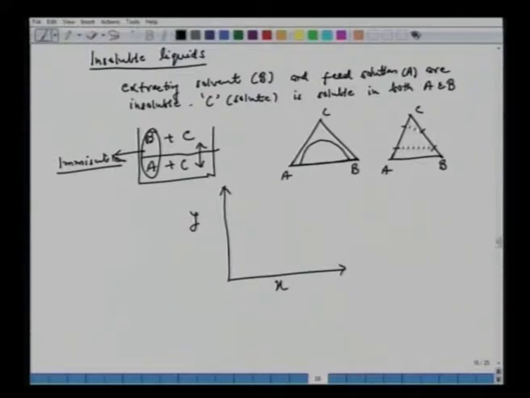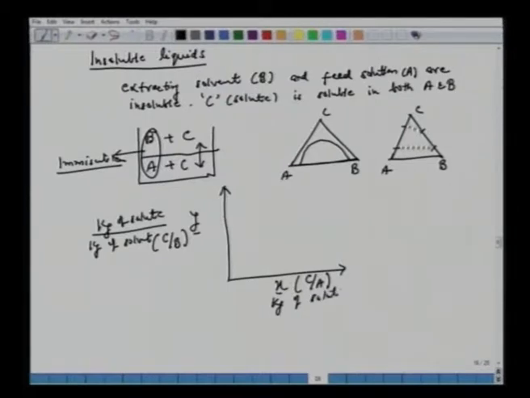So we are saying that x is C over A, C is dissolved in A, and here we have y, C over B. So the notation follows a similar convention. We are plotting kg of solute per kg of solvent, and here also we have kg of solute per kg of A, right? So we have this y versus x. This diagram should be sufficient, all right?